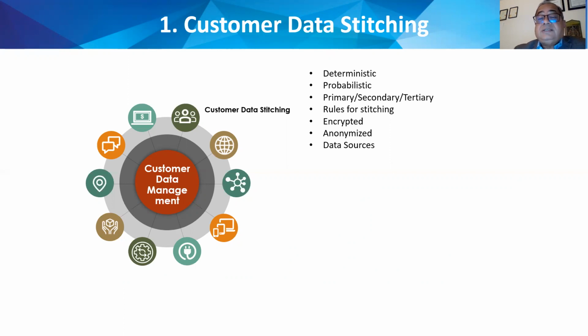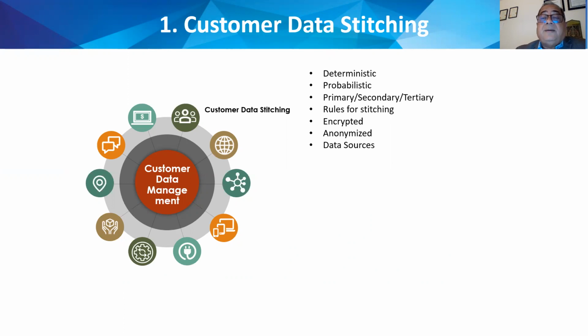The stitching can be deterministic, where in two or more sources of data the customer ID is present, and lo and behold, they all match. That we would call deterministic stitching of customer data records. But it is also possible to stitch data probabilistically.